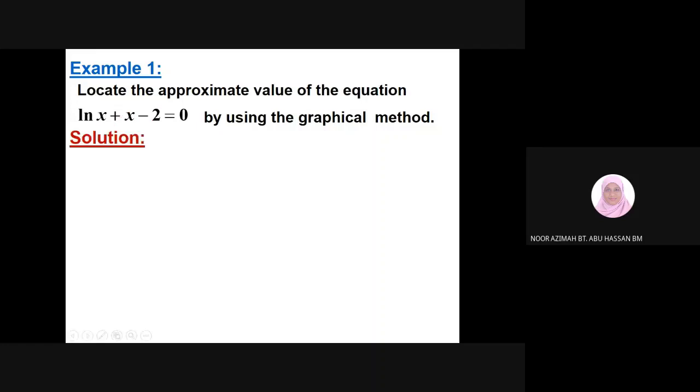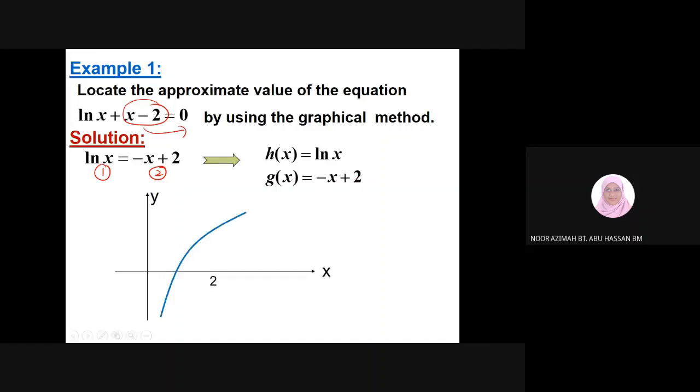That is why, from this one complicated function, you rewrite it into two simpler functions. So bring over x minus 2 to the other side, and you will end up having a new form: ln x equals to negative x plus 2. So ln x will be your first function to sketch, and negative x plus 2 will be your second function to sketch.